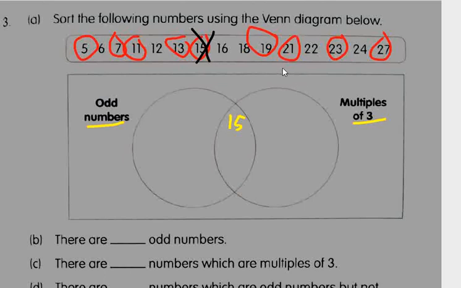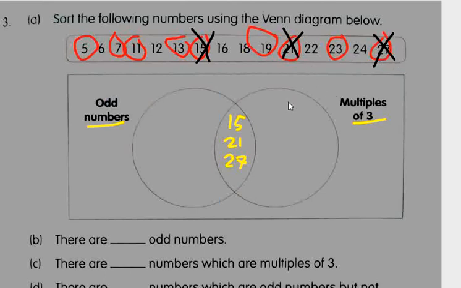Then how about 19? No, 21. 21 can be divided by 3, right? So let's put 21 in the combined part. Okay. Is 23 a multiple of 3? No. How about 27? Can it be divided by 3? Yes, because 9 times 3 is 27, right? So let's put 27 here. Okay, I will cross this out.